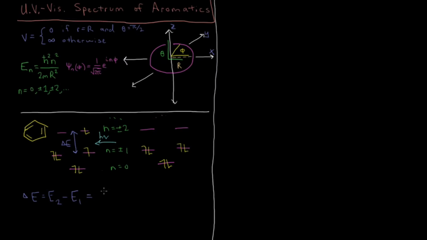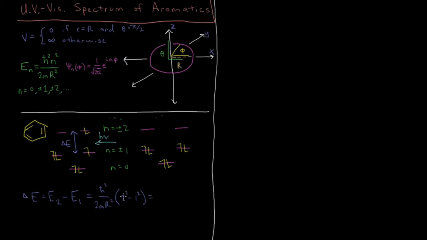So that's going to be h bar squared, which is constant between them, over 2mr squared, which is constant between them, and then you have 2 squared minus 1 squared. And I'm also going to pull the factor of 2 pi out of the denominator of the h bar so that we can make things easier when we have to transfer this into the wavelength of the photon.